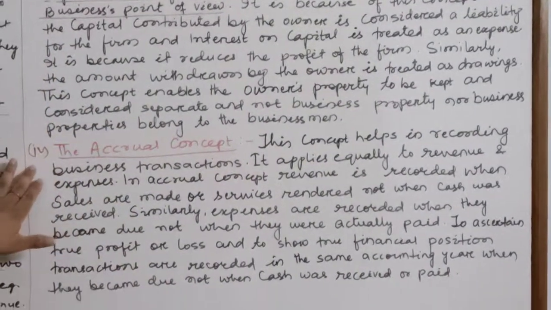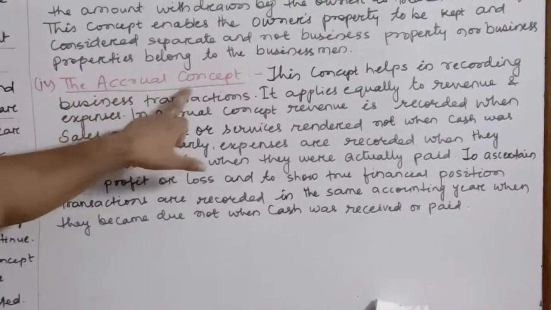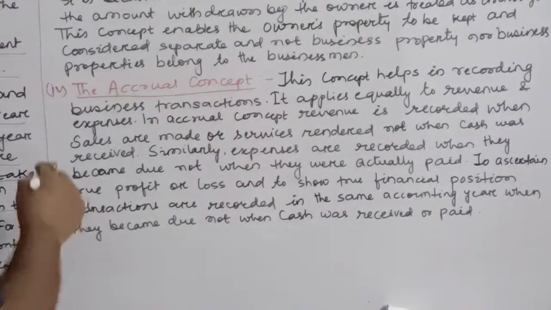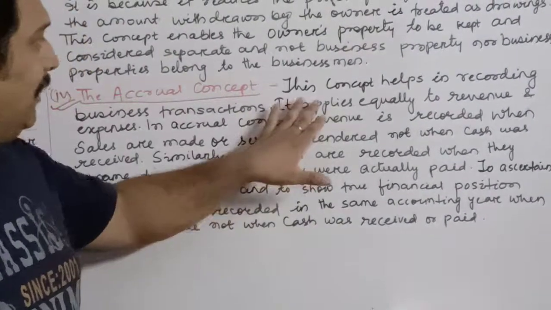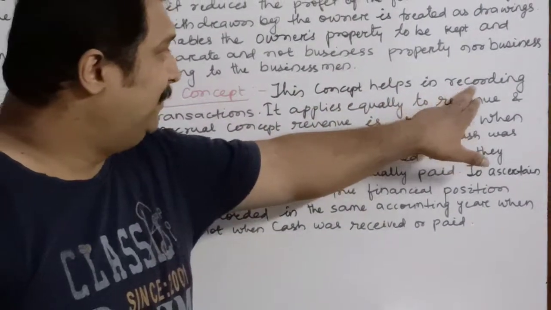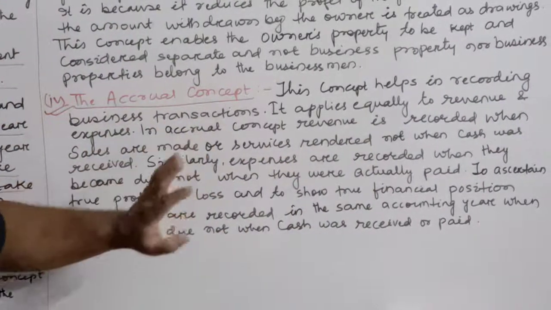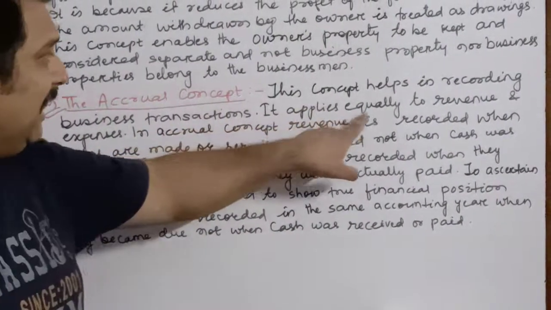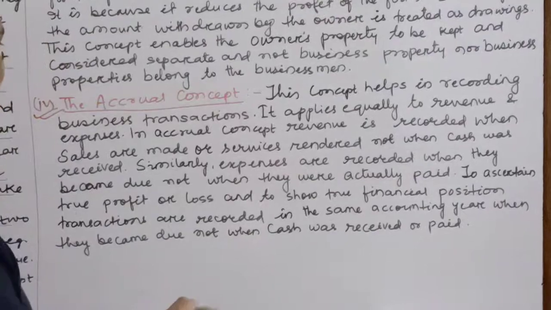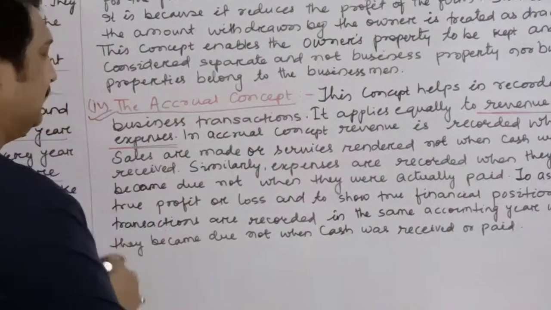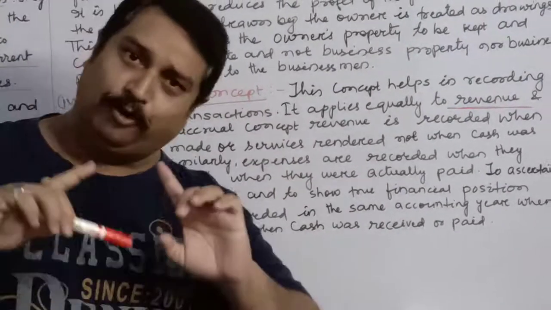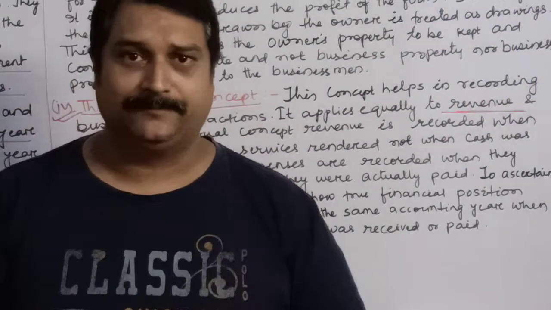The next concept which we are going to cover is the accrual concept. This is another accounting concept, accrual. Children, according to this concept, the business transactions are recorded. It applies equally to revenue and expenses. That means for both the revenue and expenses of the business, you need this.